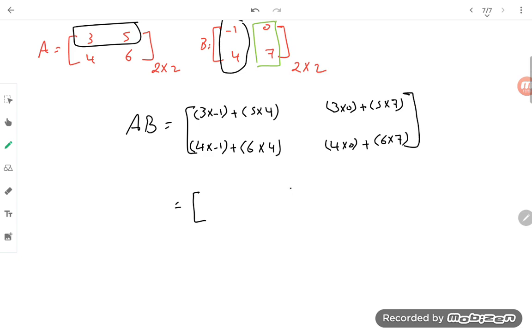So it will be 17 and 35, 20 and 42. So due to multiplication of A and B, we are going to have a matrix which is 2 by 2 matrix.